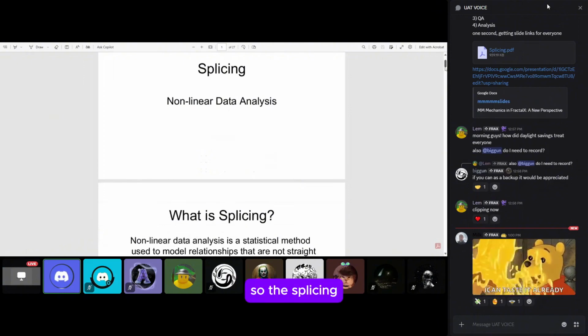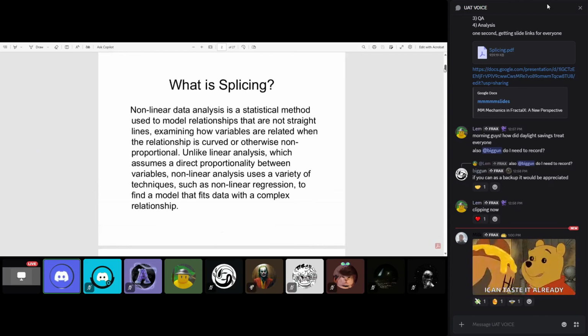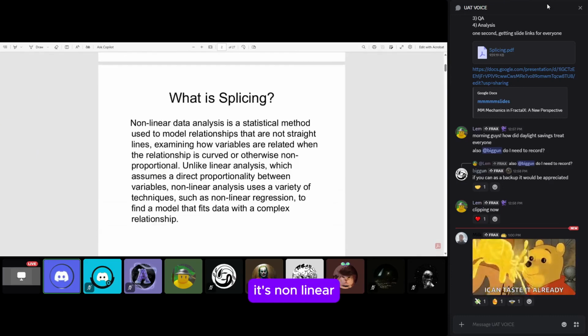So the splicing, basically, I've cut and pasted a bunch of stuff, but like I was saying, it's nonlinear data analysis. It's a statistical method used to model relationships. When you open up a splicing graph, it's actually using AI tech.